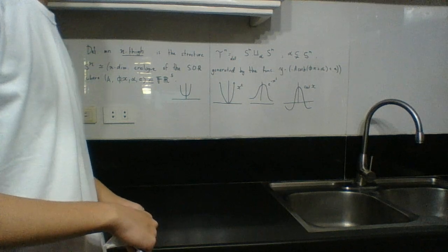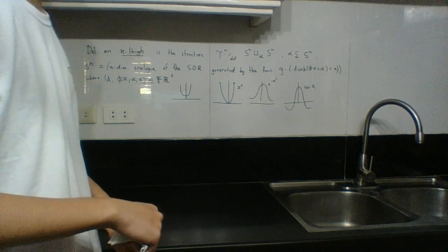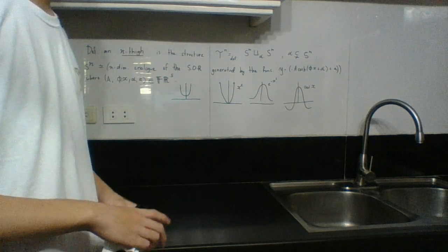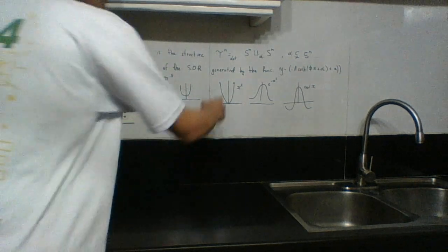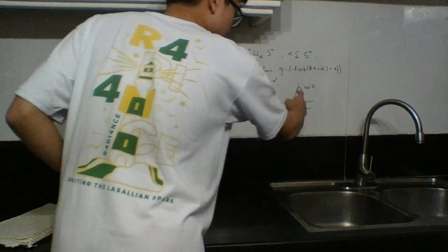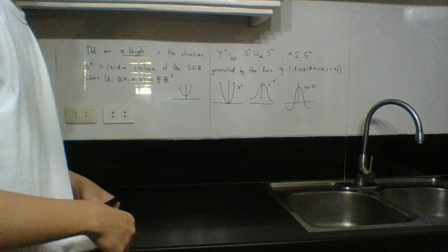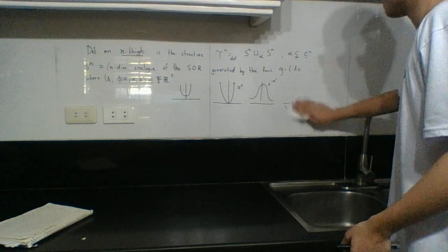It's just a string of points or a collection of points that so happen to form a thigh. There's nothing inside here right now. And that is why we're going to define the next structure. And that is the meets.